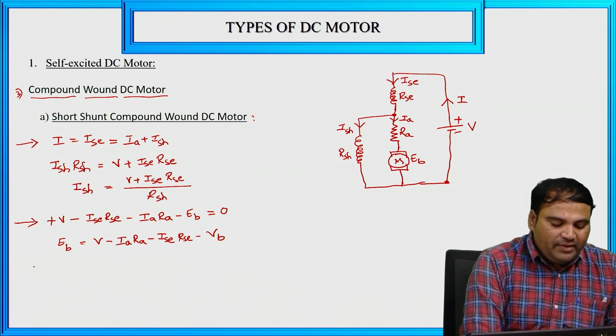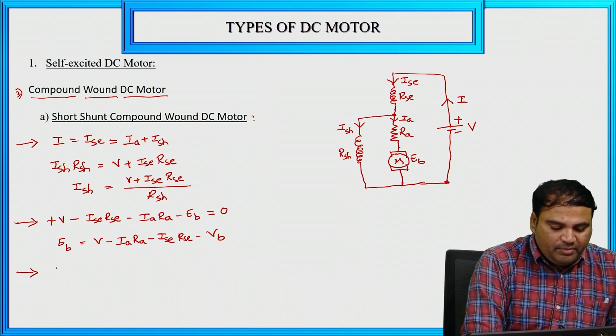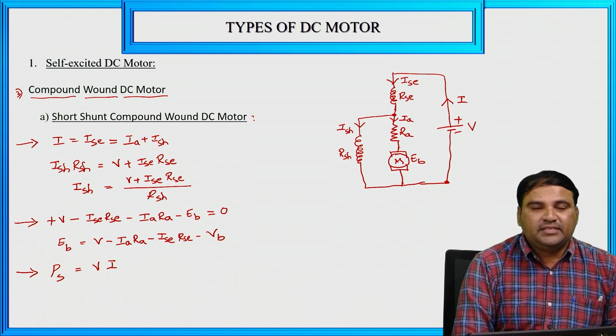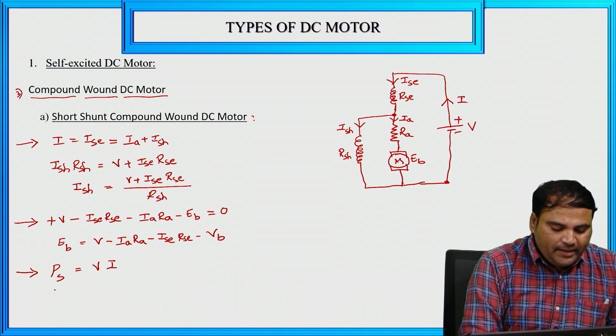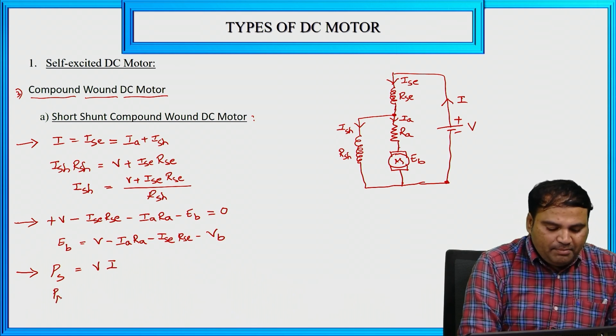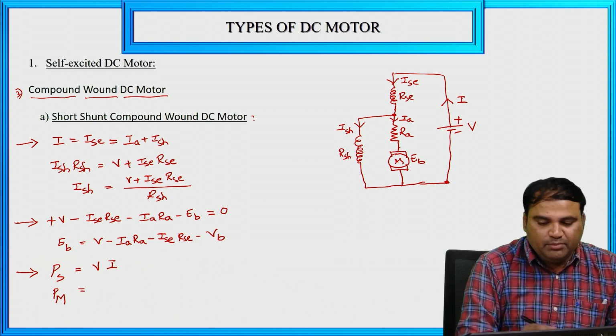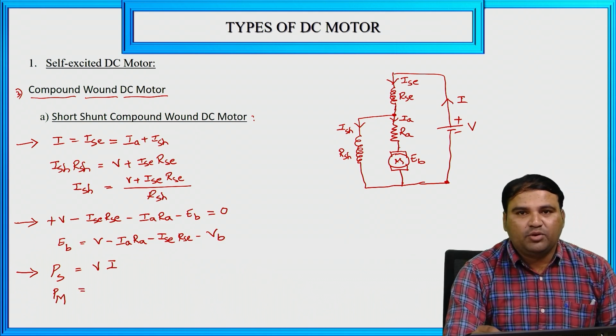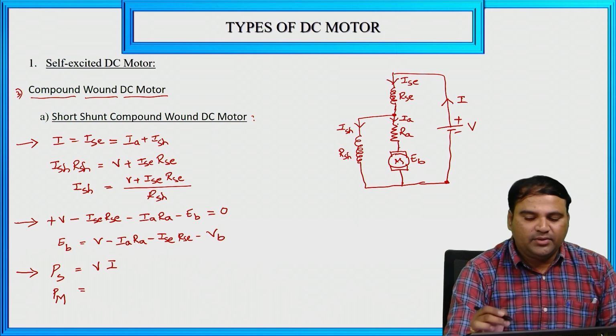Now power relation. The power from the source PS is equal to V into I, and the mechanical power developed by this DC motor is EB into IA.